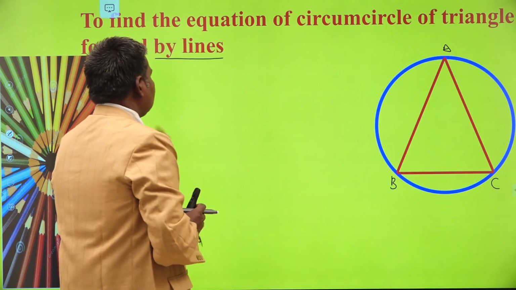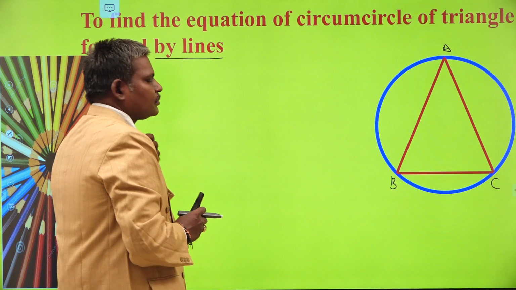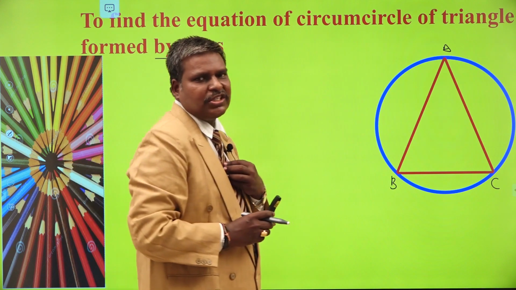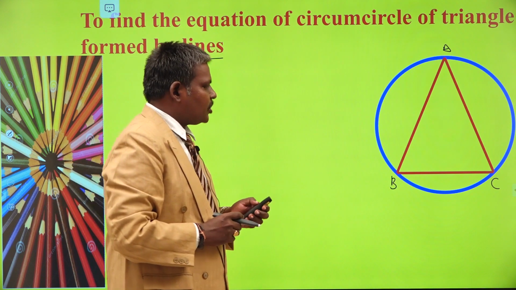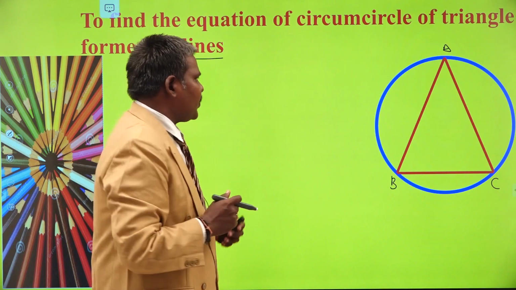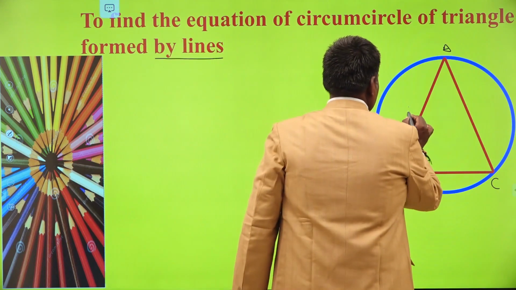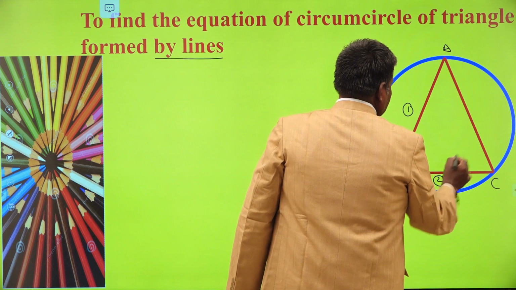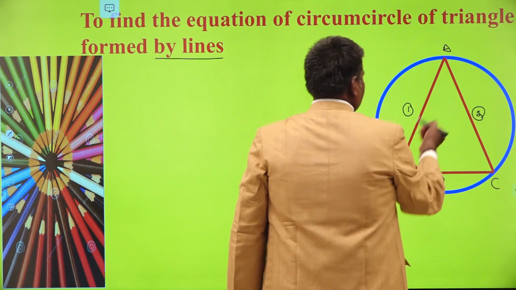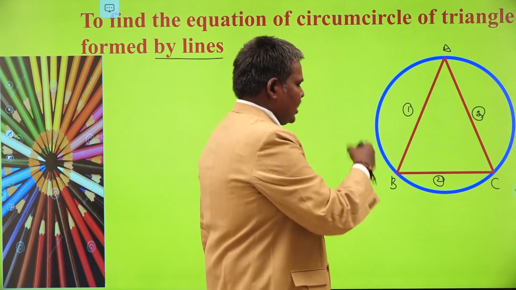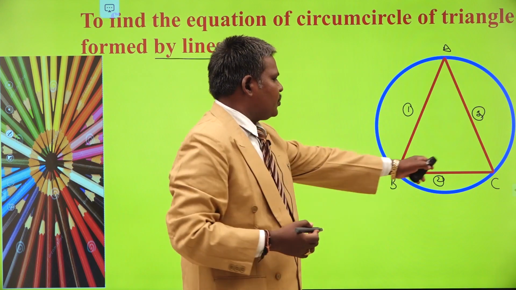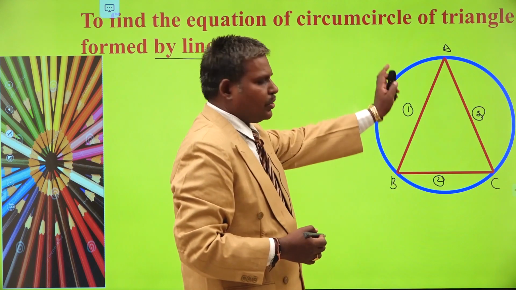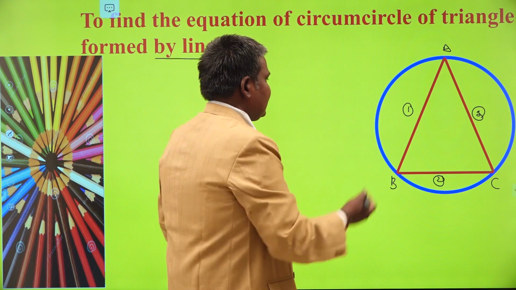How to do this? Think yourself, it is very easy for you. You have the 3 equations. This is the first equation, this is the second, this is the third. They may be a1x plus b1y plus c1 equal to 0, a2x plus b2y plus c2 equal to 0, a3x plus b3y plus c3 equal to 0.